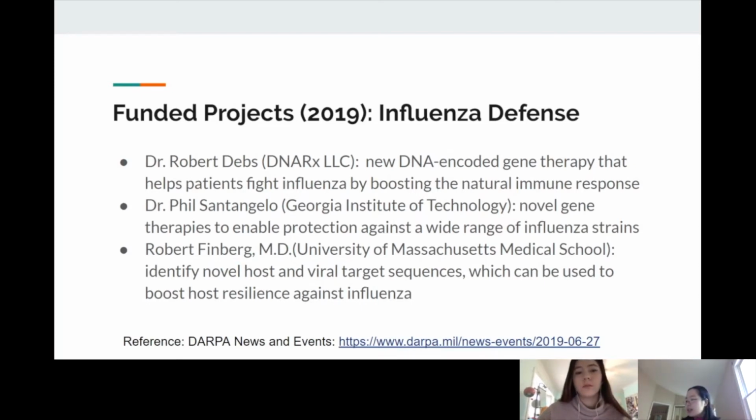So the second team is led by Dr. Phil Santaleglio from the Georgia Institute of Technology. And this team aims to develop novel gene therapies to enable protection against a wide range of influenza strains by delivering mRNA-encoded programmable gene modulators.